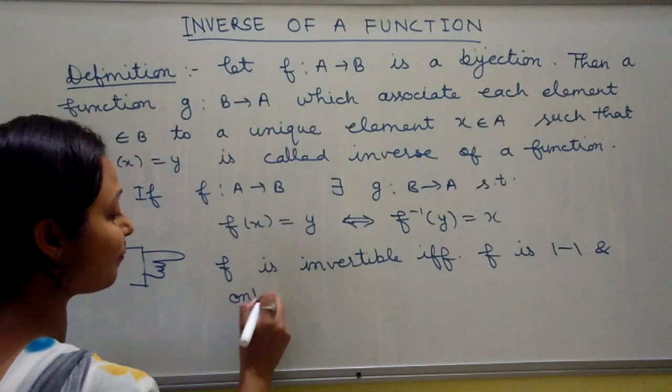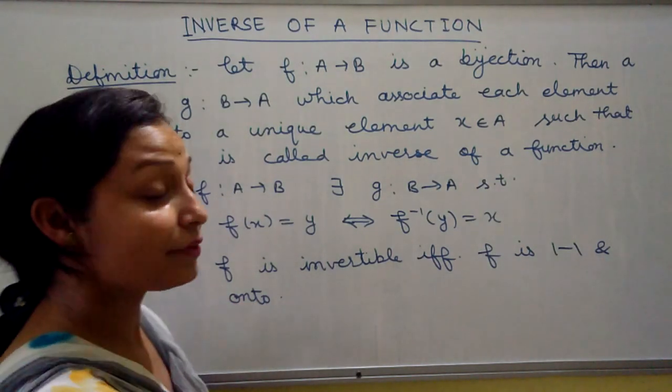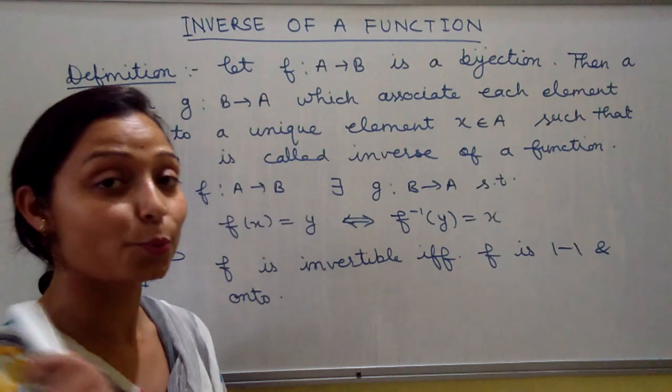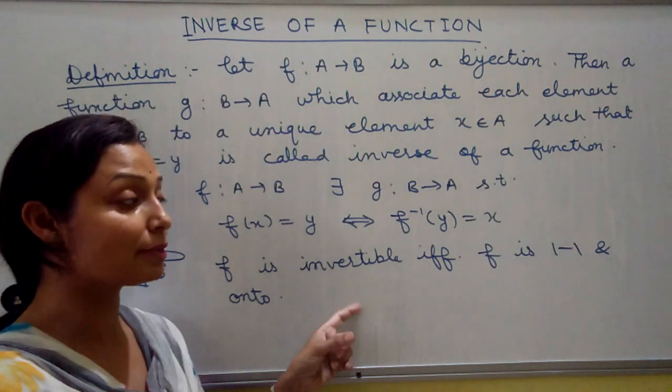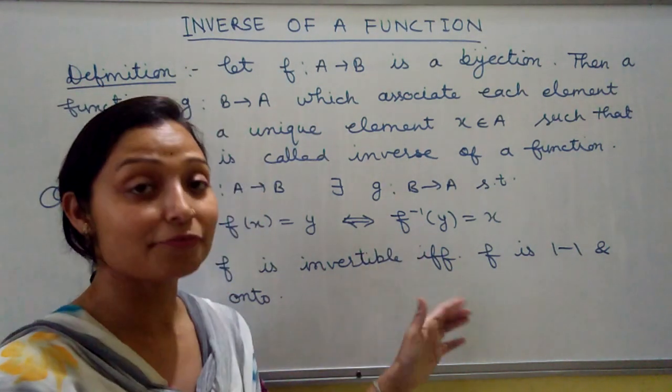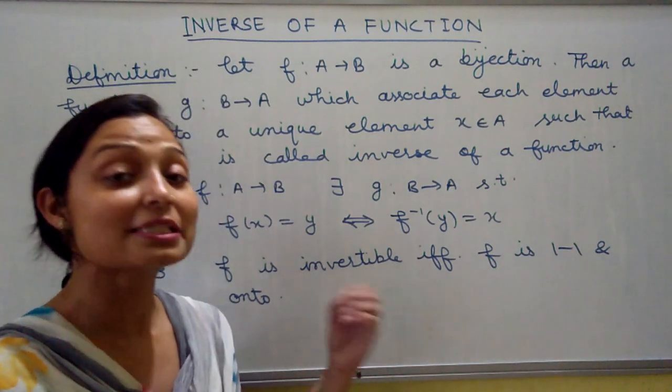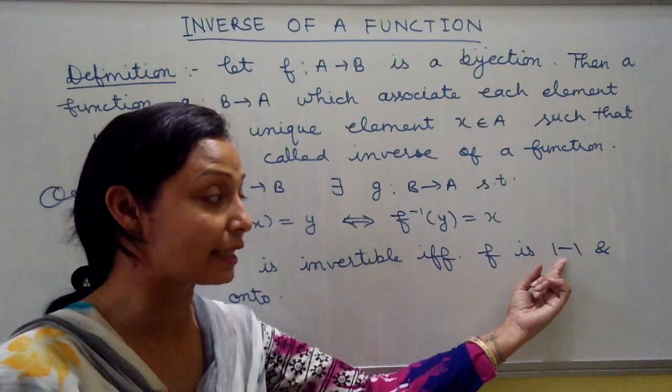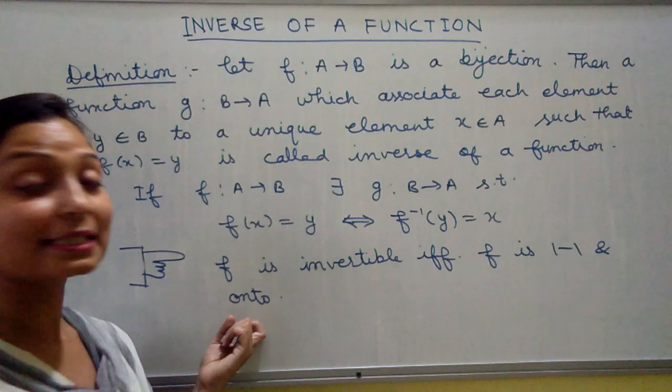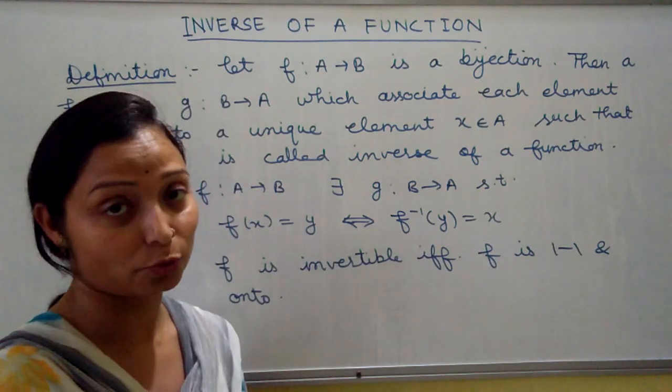So this is the important necessary and sufficient condition. Only those f are invertible which are bijective, meaning injective and surjective, that is 1-1 and onto.